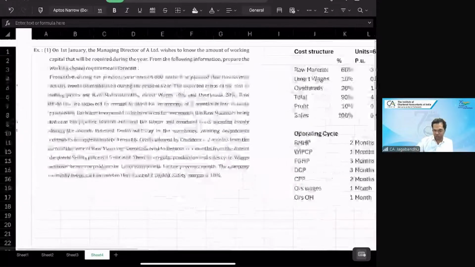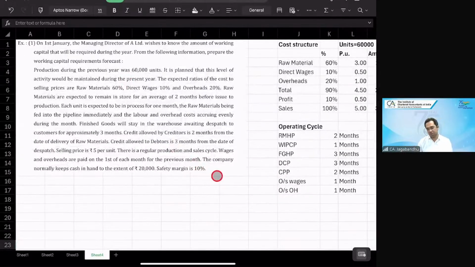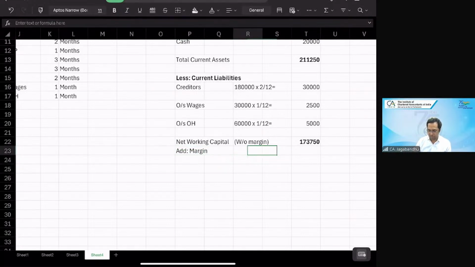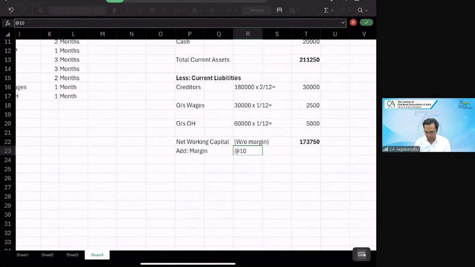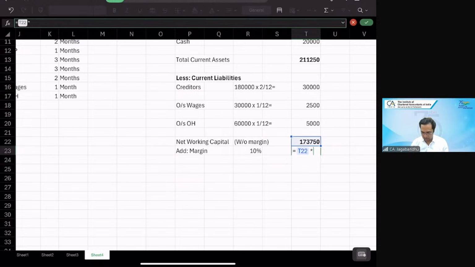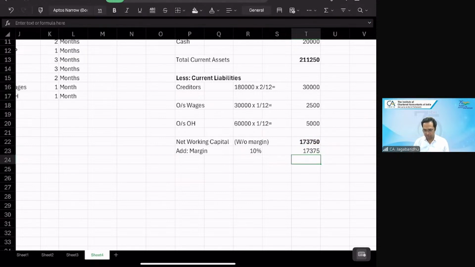Now to that, we need to add a margin. As stated in the question, you have to take a safety margin of 10%. So let us add a safety margin, which is, of course, at the rate of 10%. So on this, you multiply 10%. And then we have the net working capital.